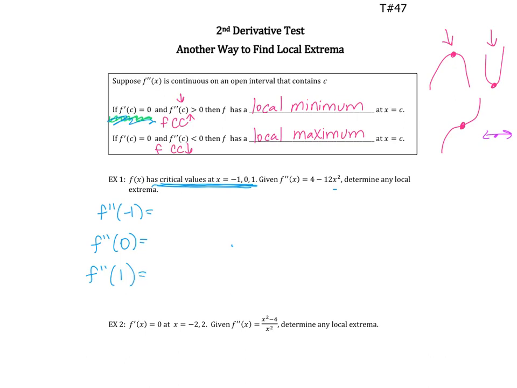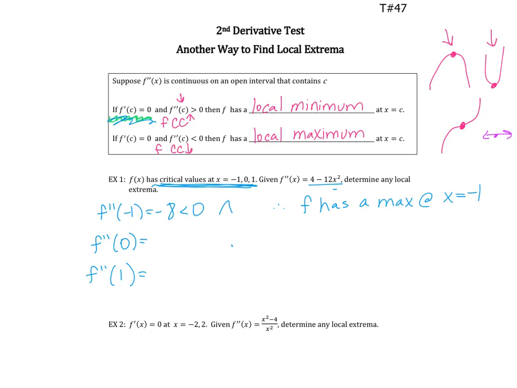If I plug in -1 into the second derivative, I get -8, which of course is less than 0. So f double prime is negative, so that's concave down. Therefore, f has a max at x equals -1. I can't find the y value, of course, because I don't have f. So that's all I can really say.